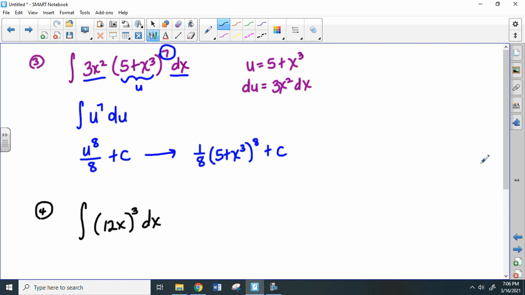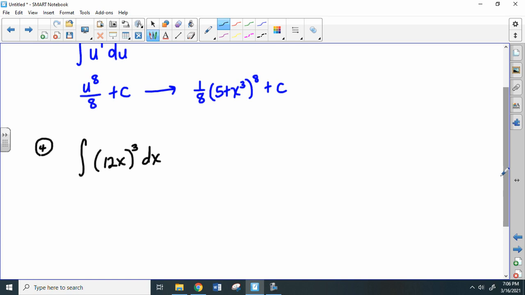Now I guess I could actually cube the 12 and then factor it to the front, but I want to make it even easier on myself. Essentially, if you have more than just x raised to a power, that's a good indicator that that's your u. So 12x is probably my u.